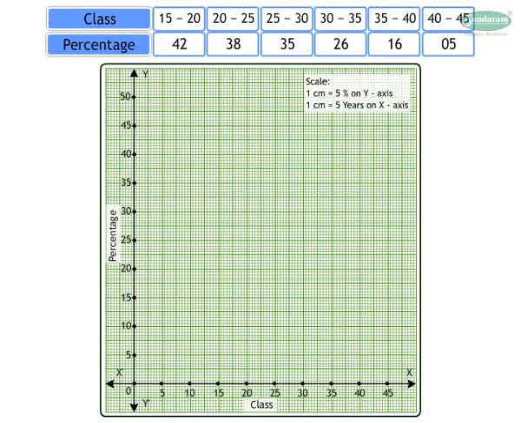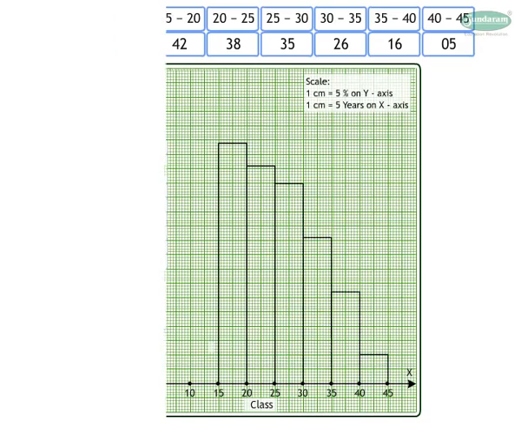Now we place histograms one by one for class 15 to 20. We take 42 as percent. For class 20 to 25, we take 38 as percent. Thus we draw bars for each class and our histogram is ready.